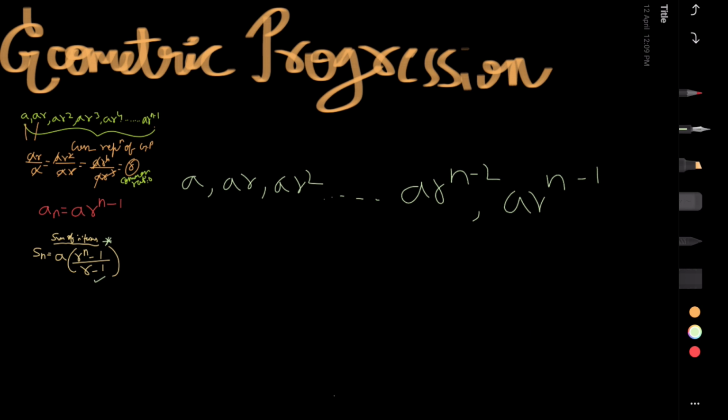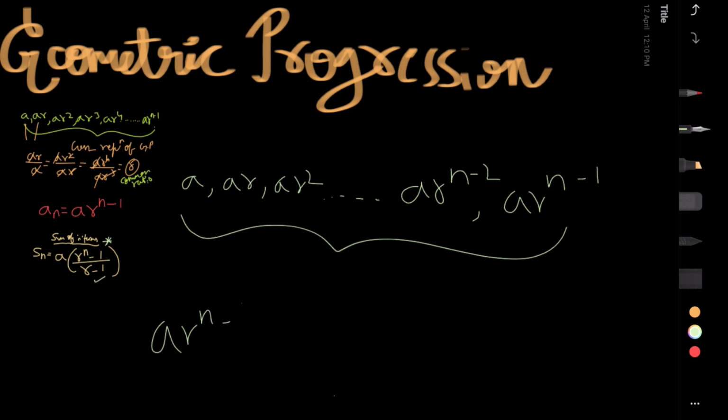Now in GP, if we see AR to the power of n minus 1 into A, what is this AR to the power of n minus 1? It is An.